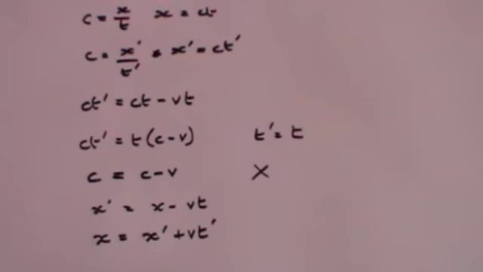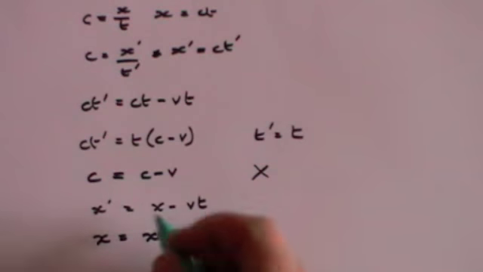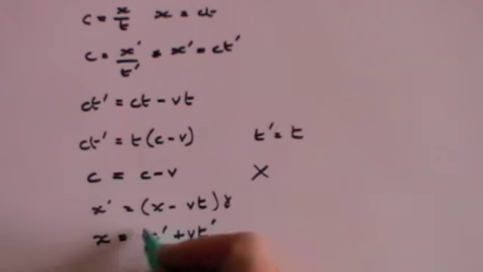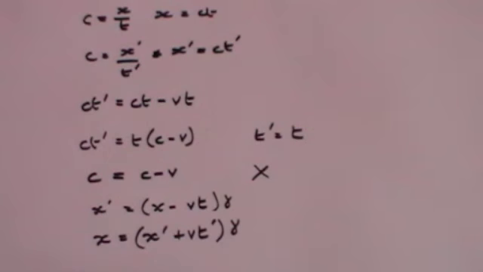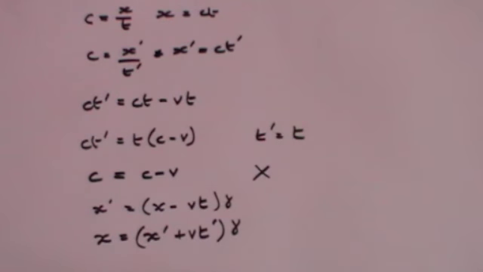But something's gone wrong. So we are going to take these two terms and we're going to put an error term in them. Essentially, we're going to multiply both by an error term called gamma. We're going to say somewhere we've made a mistake. So let's make that mistake equal to gamma and see if we can find out what gamma is.